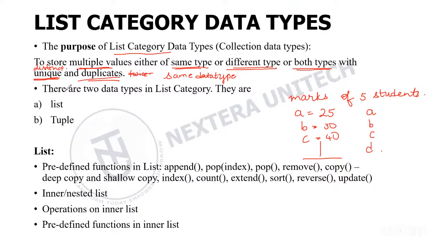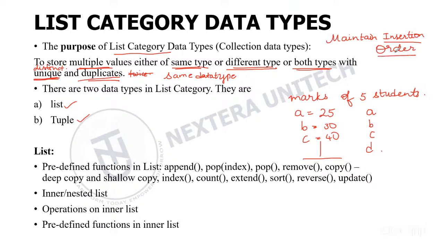So the two data types in list category data types are list and tuple. These list category data types will maintain insertion order. So what is insertion order?